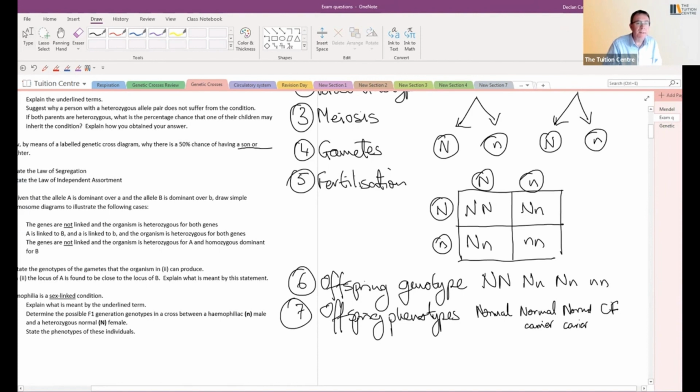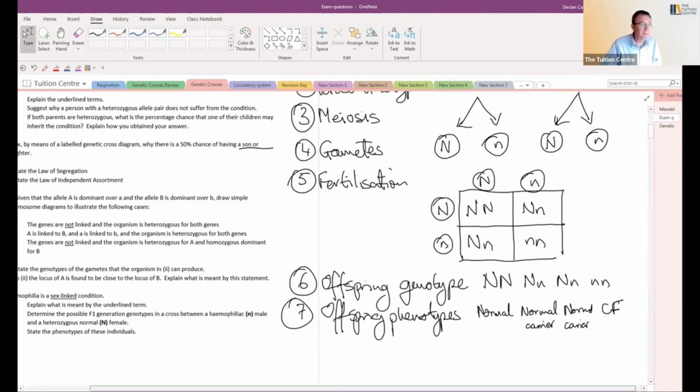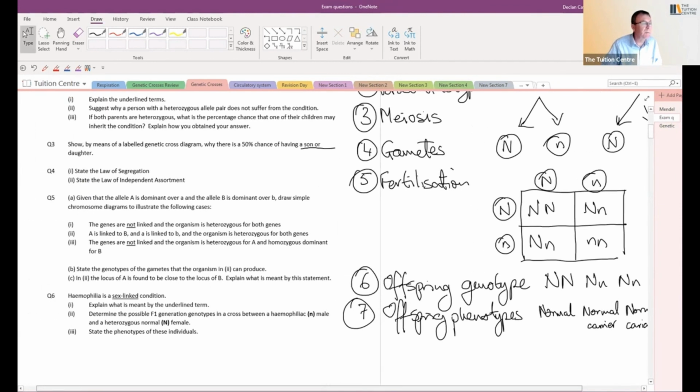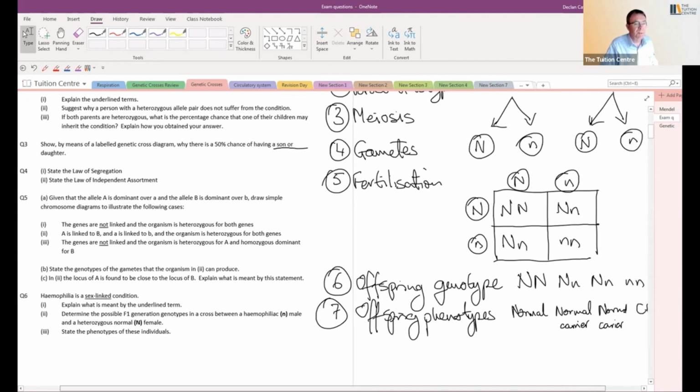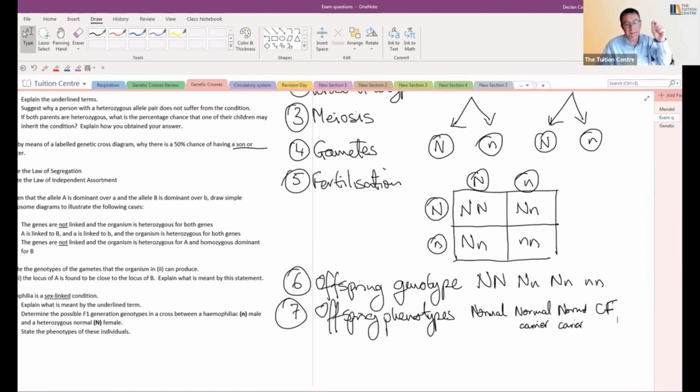So this person has cystic fibrosis, and you can see what the question was looking for, the ultimate answer, because stage 8 will write down the answer. It asks what is the percentage chance that one of their children might inherit the condition? And percentage chance is a key phrase here.